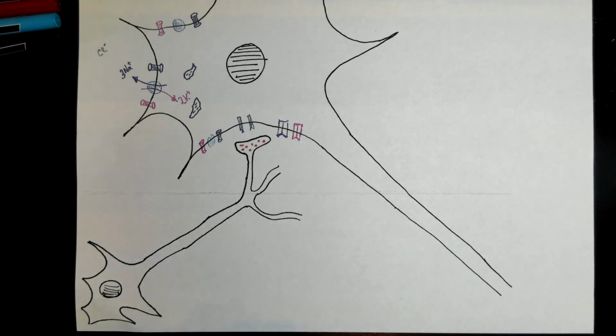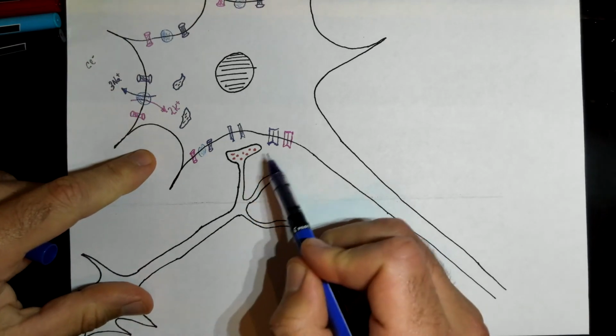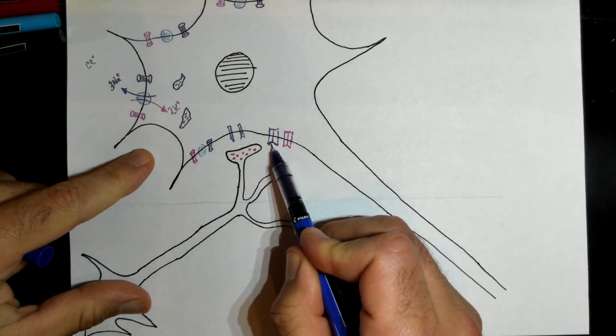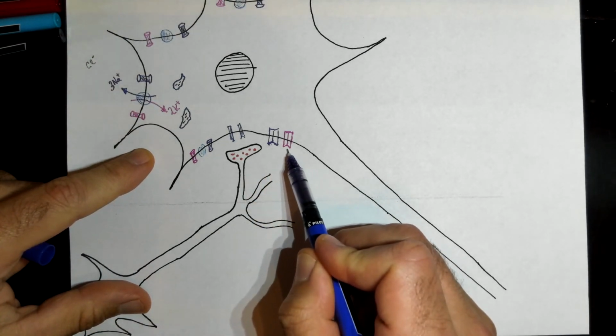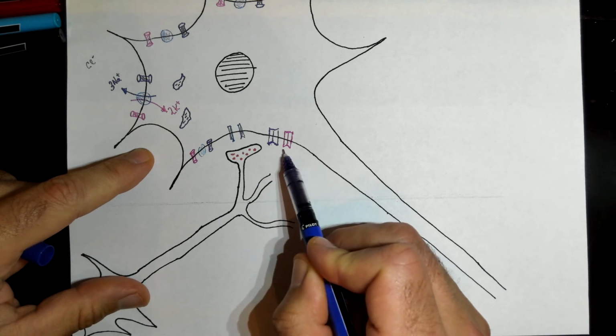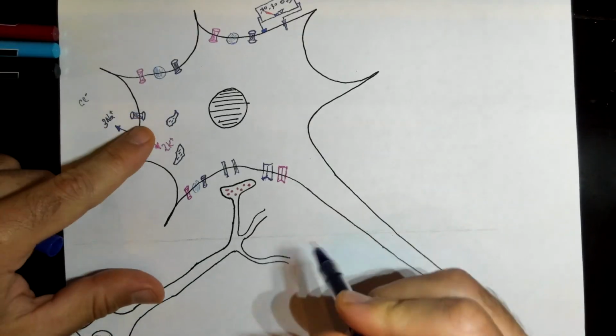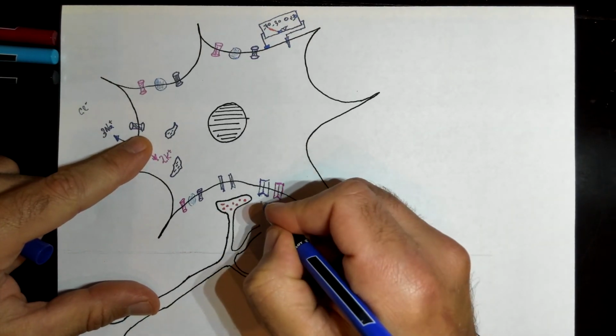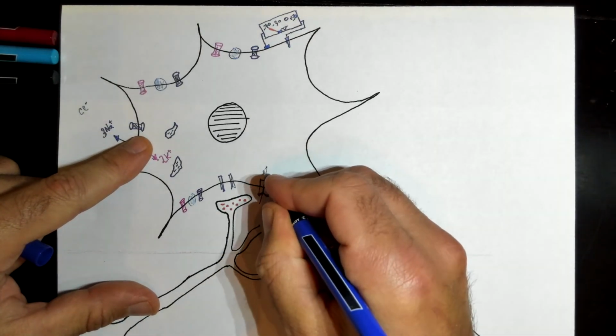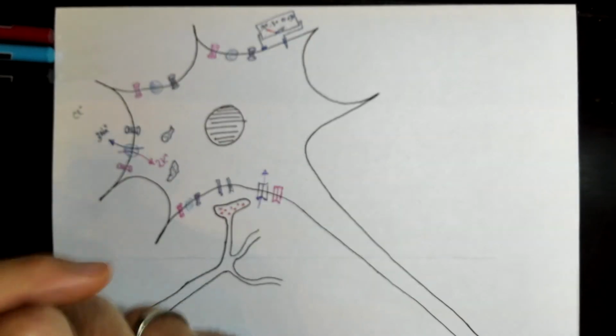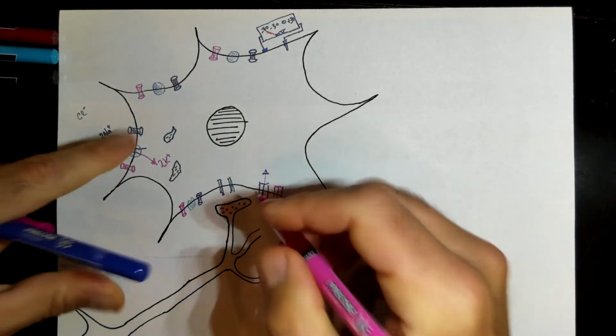So how is this signal going to propagate? Let's not forget we have sodium voltage-gated channels and potassium voltage-gated channels, and they're in sequence one after another. The idea would be that the sodium comes in and the potassium goes out.